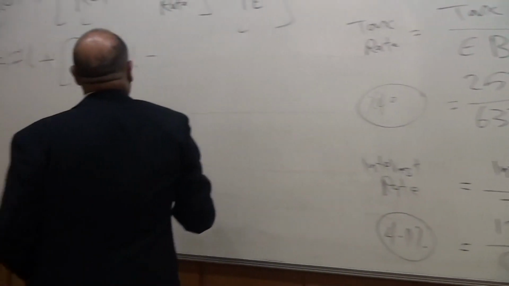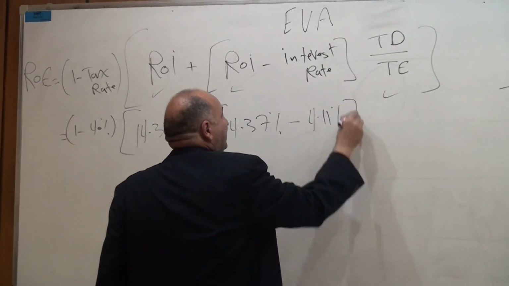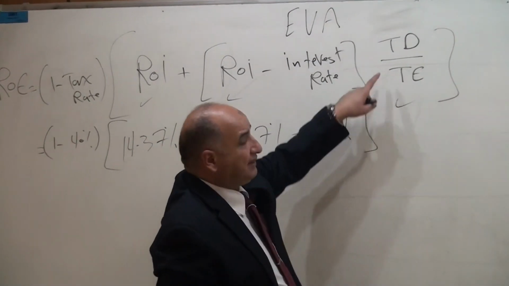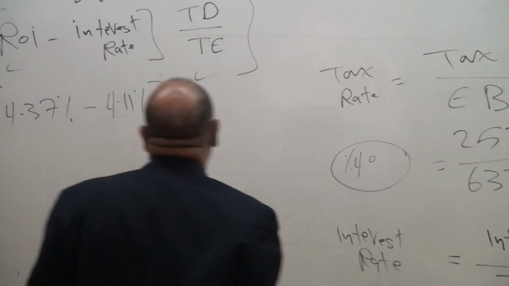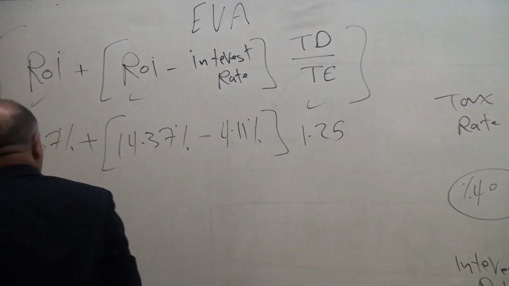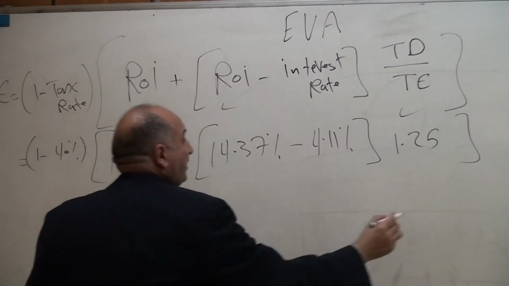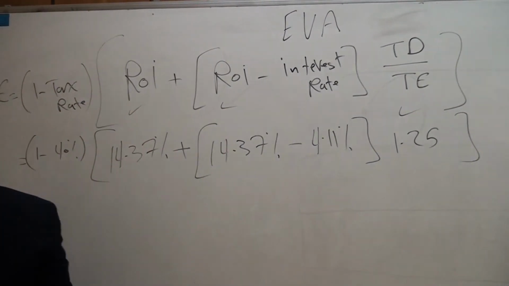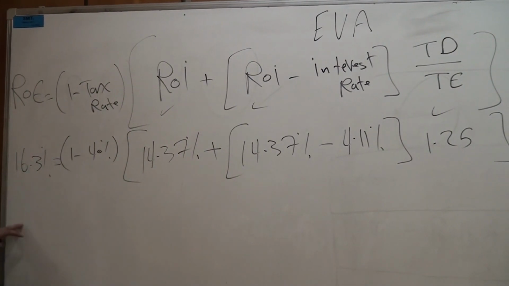So the interest rate is 4.11%, multiplied by total debt divided by total equity. We have this ratio before, it was 1.25. Without calculation, if I multiply those, I will get exactly 16.3%. Please try at home.